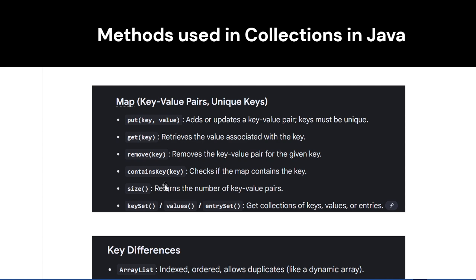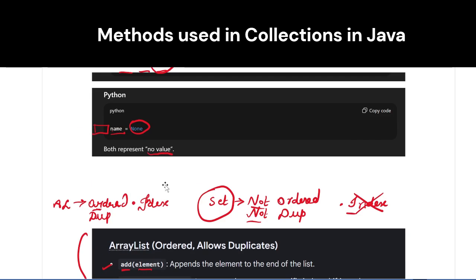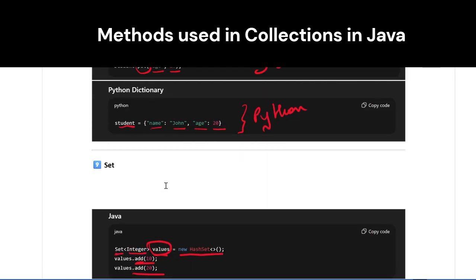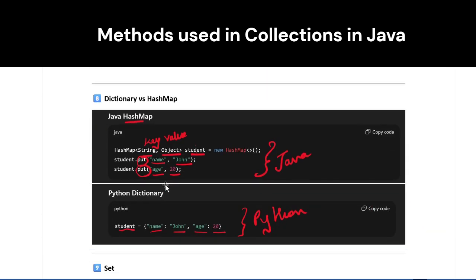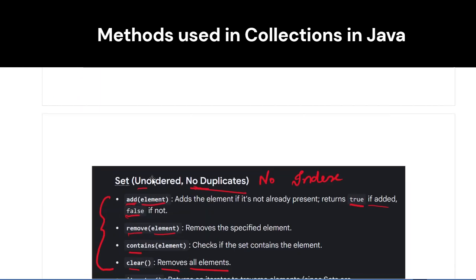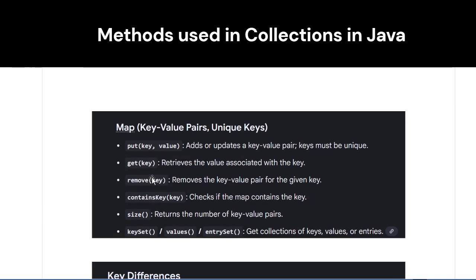Now map. Let's see how we had declared map in our example. Here, we have used a method put. See, we have not used anything as add here in map. So in map, for adding any element, instead of add, we use put.